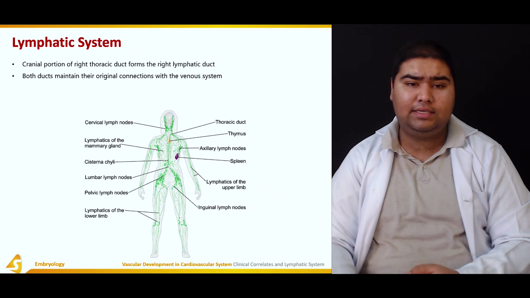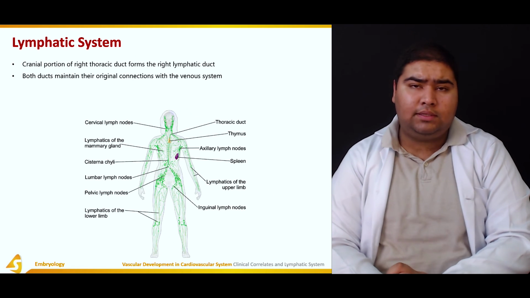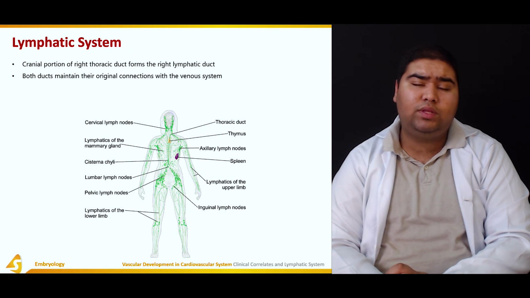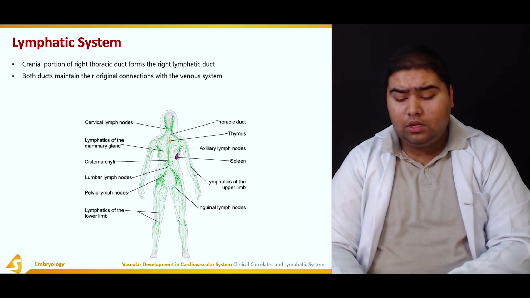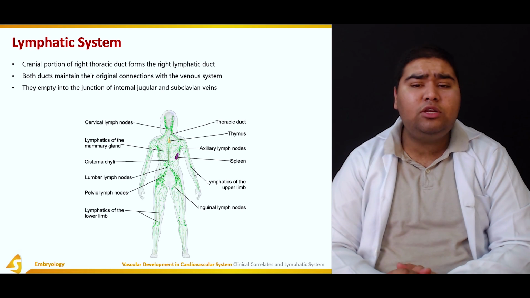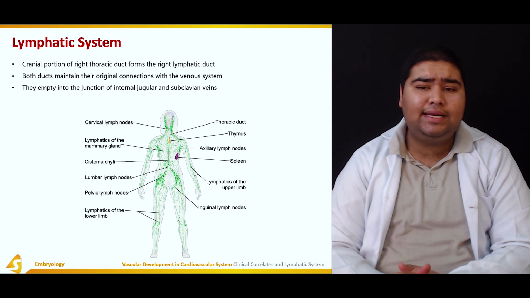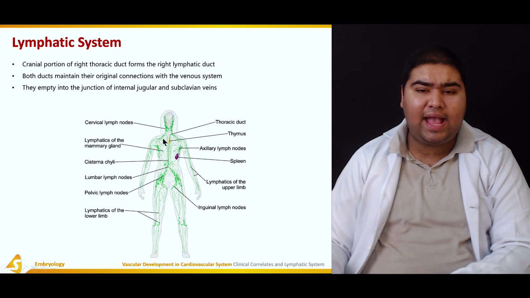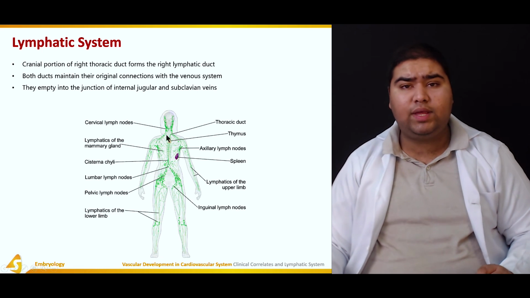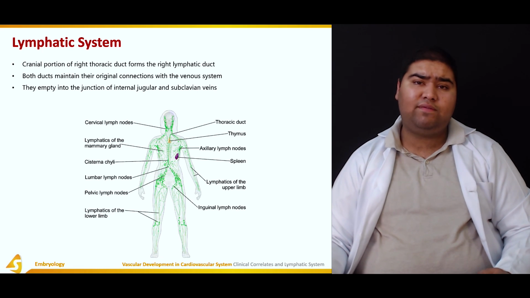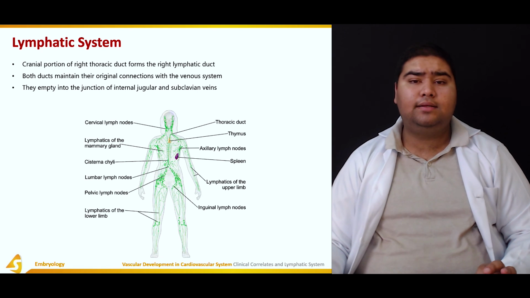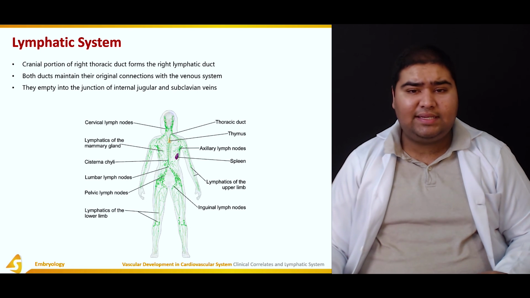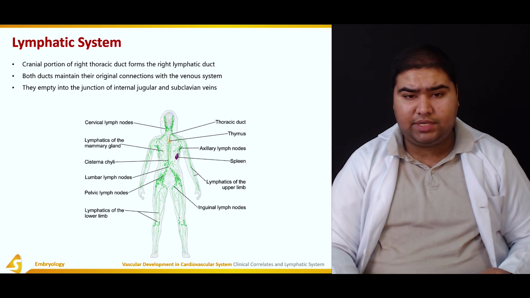Both these ducts maintain their original connection with the venous system. They empty into the junction of the internal jugular and the subclavian veins, in the region of the neck and the clavicle. The junction between the internal jugular and the subclavian veins is where these lymphatic ducts and the thoracic duct empty.